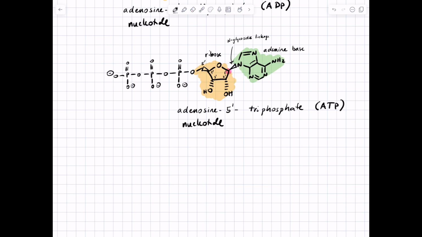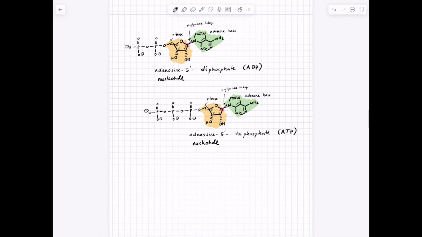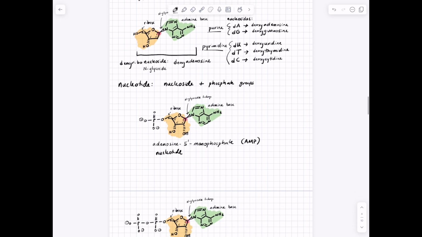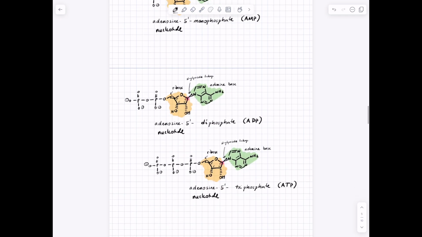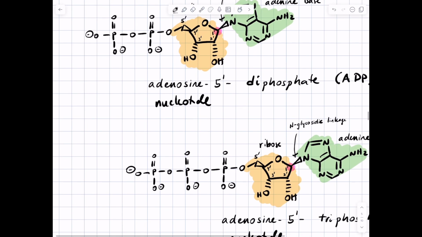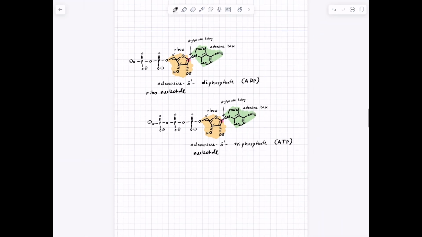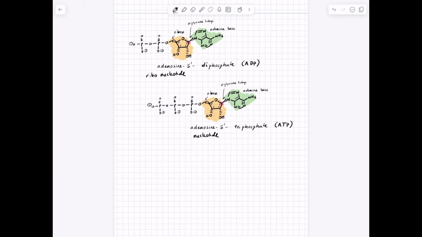Okay, so that's a lot about nomenclature of nucleotides versus nucleosides versus nucleobases. What I've said for the ribonucleotides that are made from ribose rings is the same as what I would say for deoxyribonucleotides.